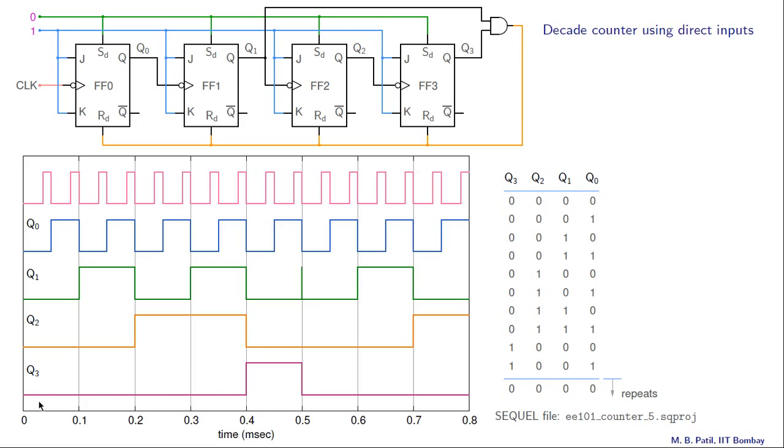So we start with Q3, Q2, Q1, Q0 equal to 0, 0, 0, 0. The next state is 0, 0, 0, 1, then 0, 0, 1, 0, and so on, as in this table, and finally we come to 1 0 0 1. That corresponds to this entry in the table, this one.